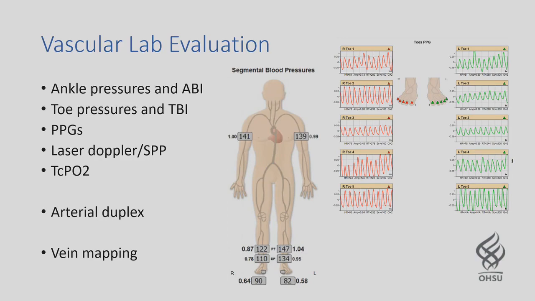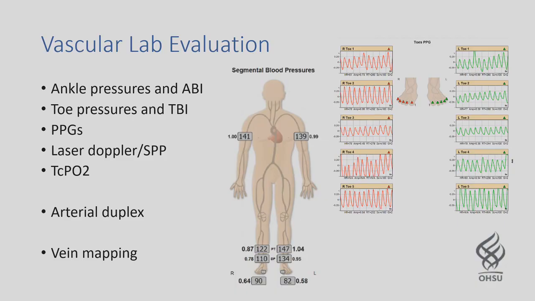Laser Doppler is something we use as far as assessment for wound healing in patients that have a non-healing wound or maybe getting prepped for amputation. And transcutaneous oxygen pressure is not widely available and is a little bit more variable, in my opinion, than laser Doppler.